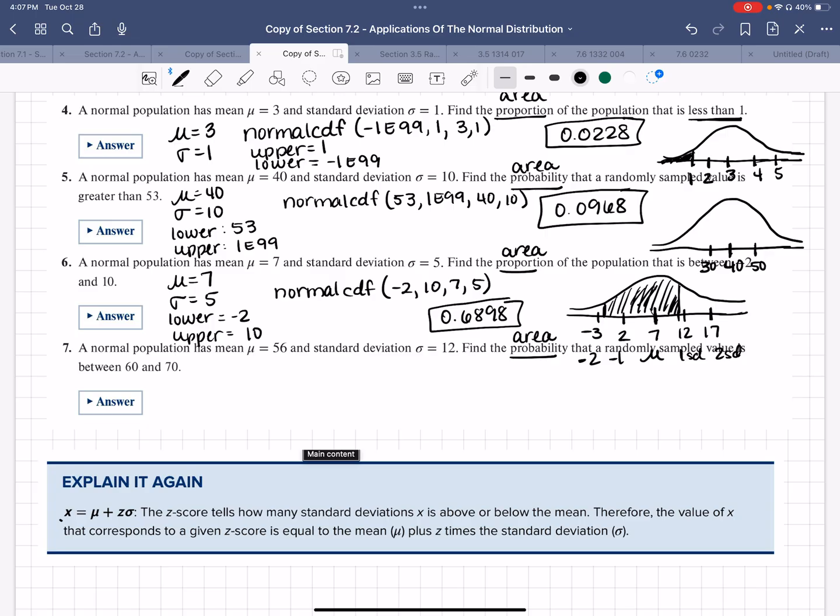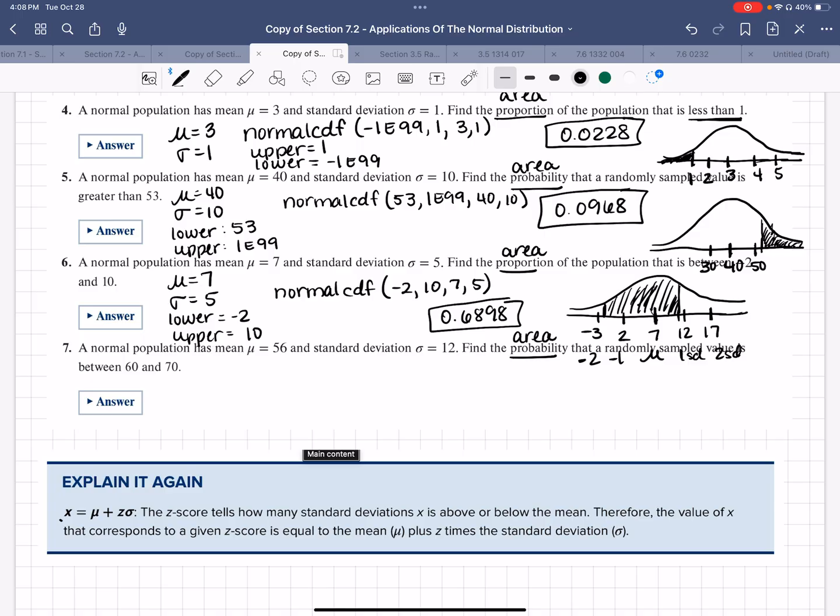Okay, now what does this say? This says find the probability that a randomly sampled value is greater than 53. So it's greater than, here's 53 about right here. Okay, it's greater than 53. Well, guys, 50 is 1 standard deviation away.